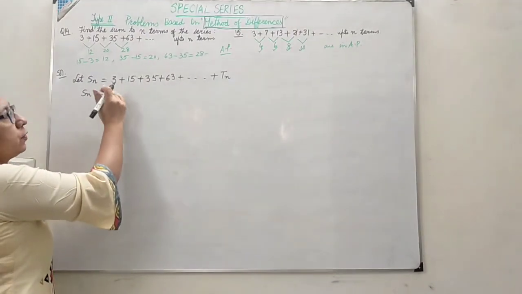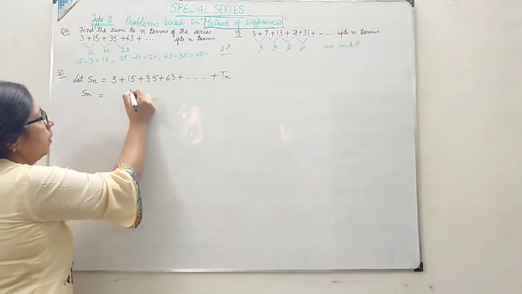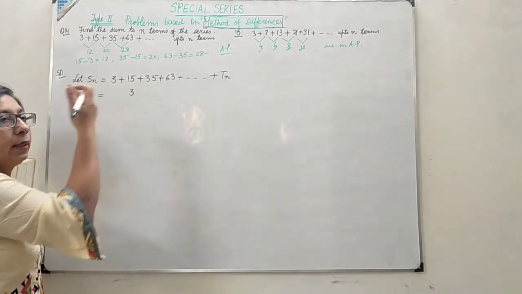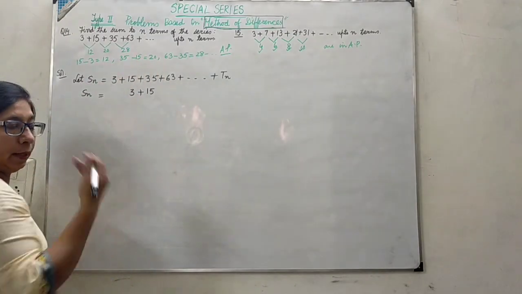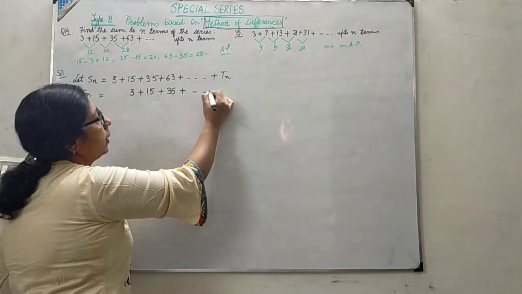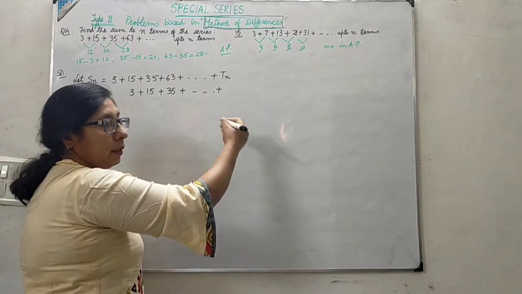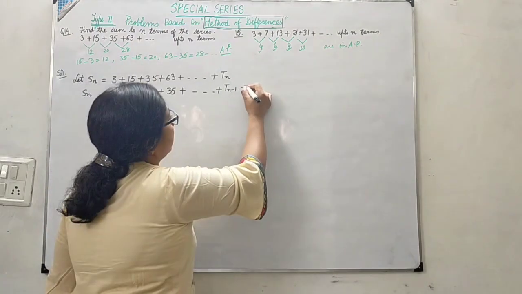So I shift by one term, and I will write Sn by writing 3 under 15, and then the next 15 under 35, and then the next one is 35 here, and then Tn minus will come down, and then plus Tn.